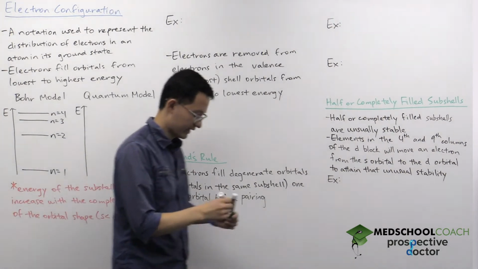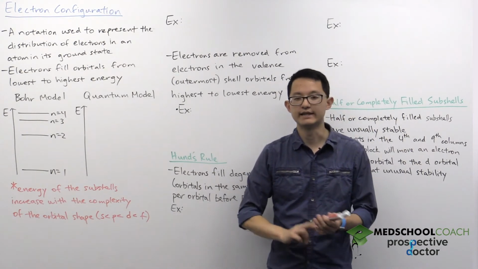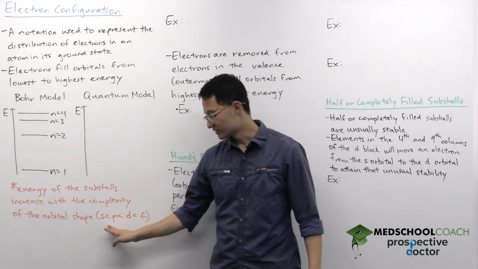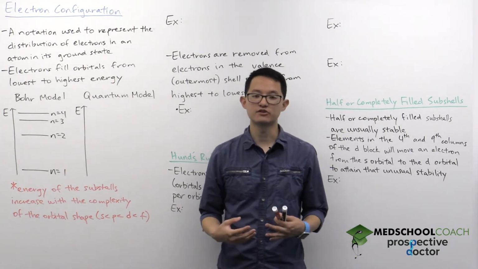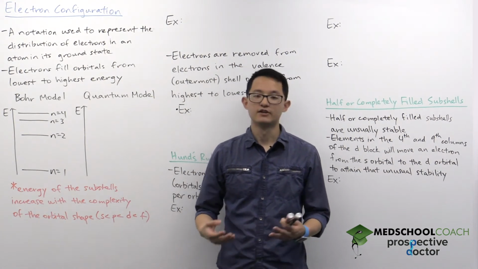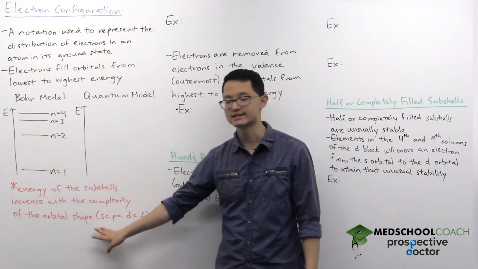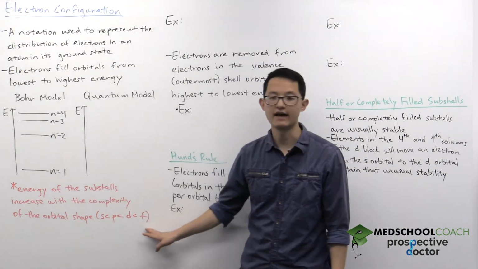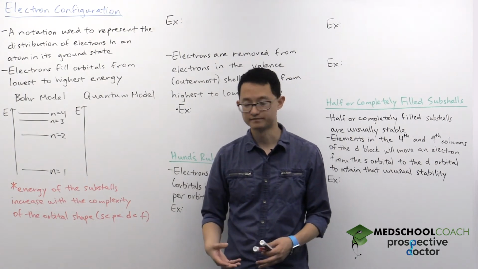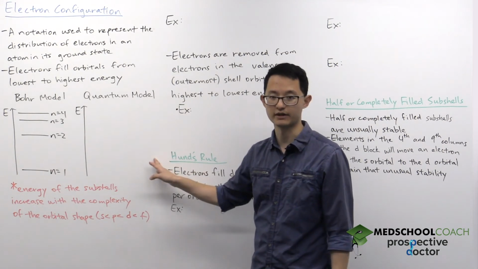So you recall that we have 4 different types of subshells. We have the S, P, D, and F subshells. And as you go from S to P to D to F, your subshells become increasingly more complex. And at the same time, your subshells also increase in energy. So that means S is the lowest in energy, and F is going to be the highest in energy within an energy level. So let's look at how this manifests within the quantum model within this energy diagram.